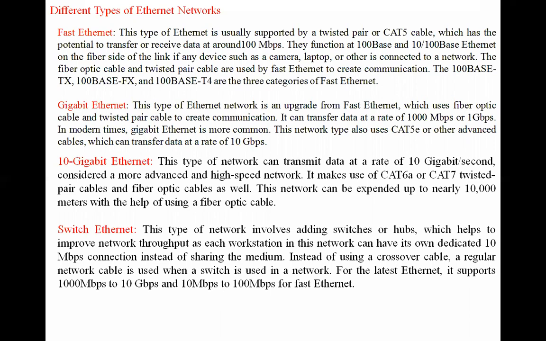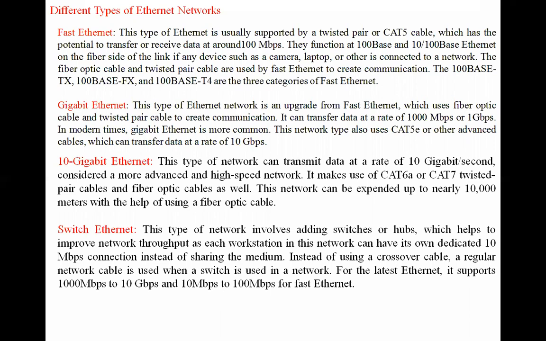And a combination of fiber optic cables and twisted pair cables can be used for increasing the speed of that Ethernet, and for Fast Ethernet to create communication.